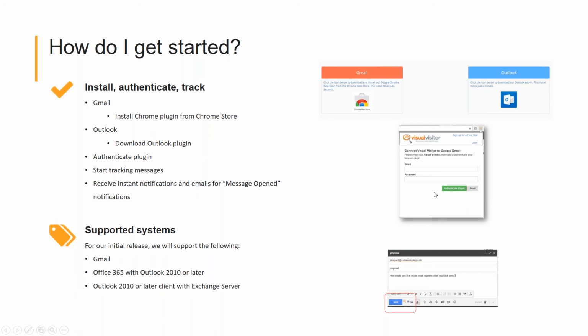You simply authenticate into the settings box, and now when you go to your Compose window, you'll see you have additional options for tagging messages. And I'll show you all of this in real time in just a moment. And today we support Gmail and Outlook 2010 or greater with either Office 365 or any Exchange server.